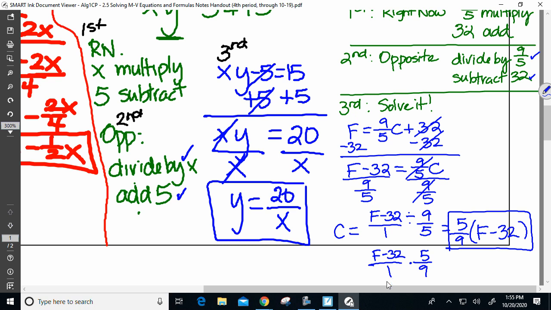That's actually how the formula looks in a lot of your science textbooks. If you multiplied it out, that's fine. You will end up with a decimal, so I will tell you that in advance. But for a formula like that, you can leave it like that.